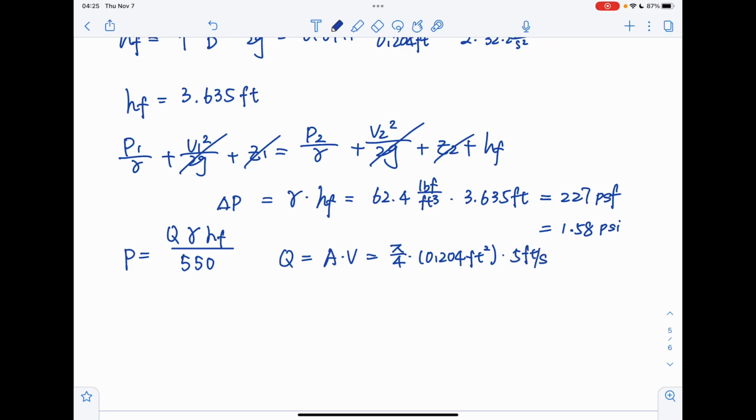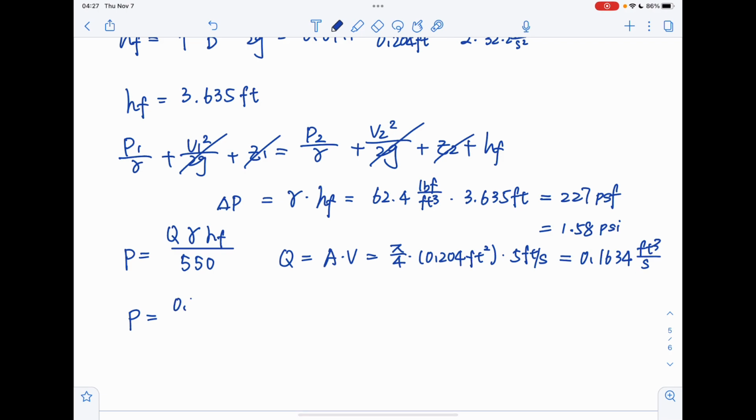That equals 0.1634 cubic feet per second. And back substitute it into the power equation.